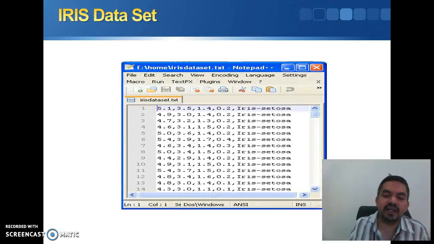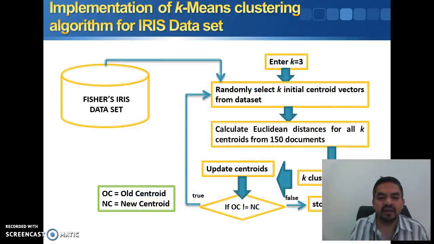Now, a dataset example. This is an example of the Iris dataset. When I apply the Iris dataset to the K-means algorithm, the results are like this. If you take the Iris dataset and apply K equal to 3, the number of clusters is 3. Randomly select K initial centroid vectors from the dataset.